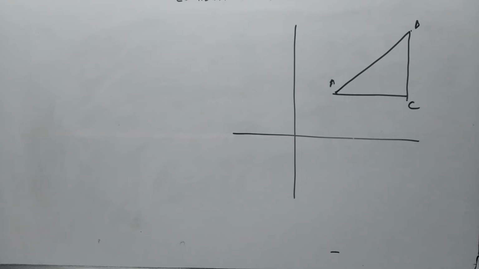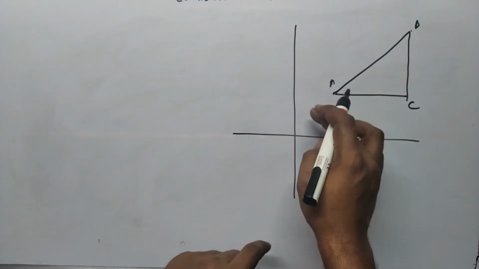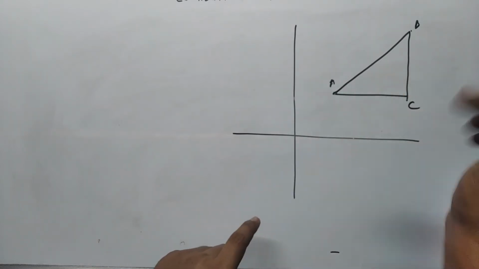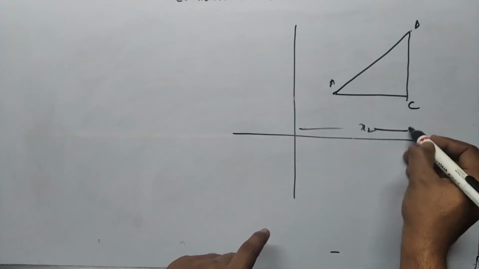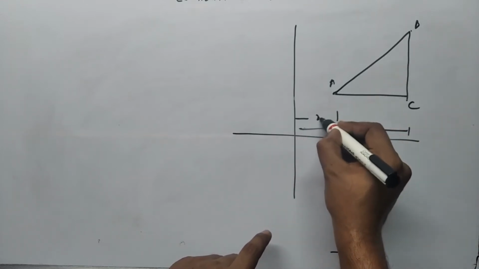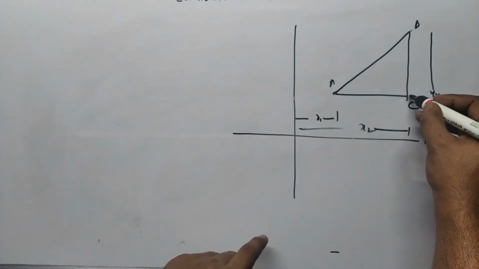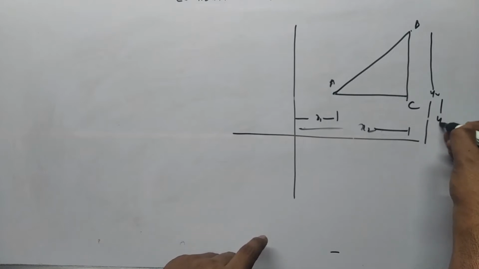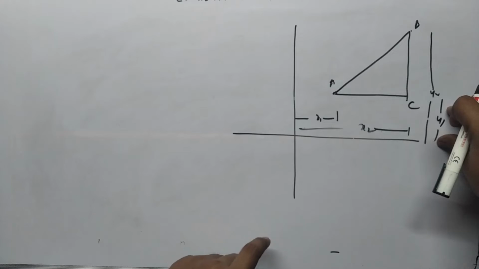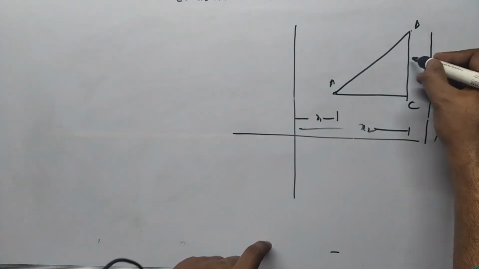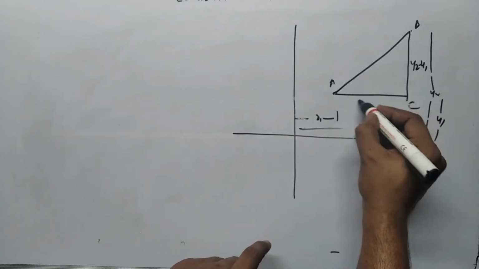The total distance is x2, and up to here the distance is x1. This total distance is y2, and the distance between this point and the x-axis is y1. So the distance BC is nothing but the total distance minus this distance, which can be written as y2 minus y1. Similarly, this can be written as x2 minus x1.